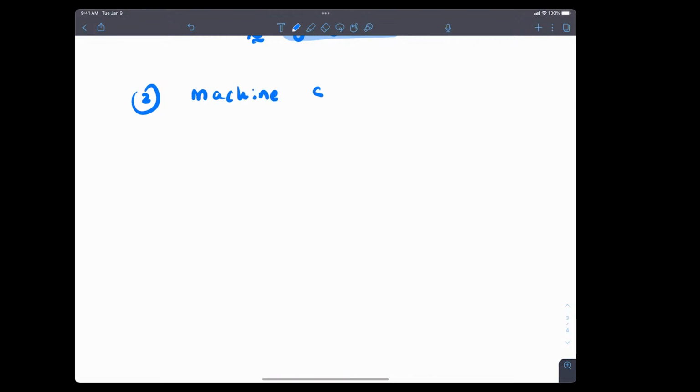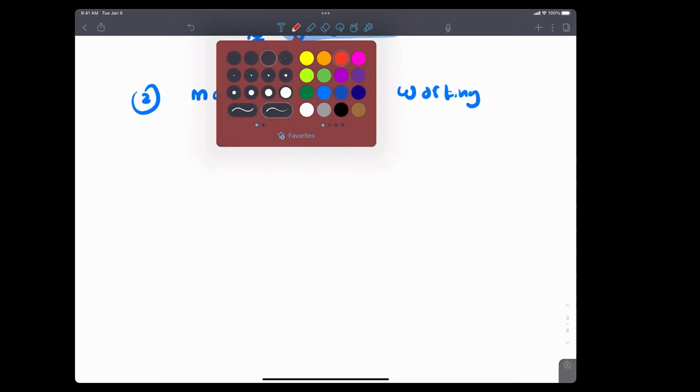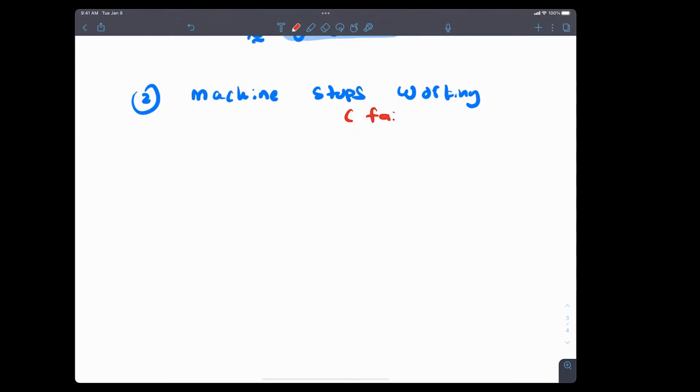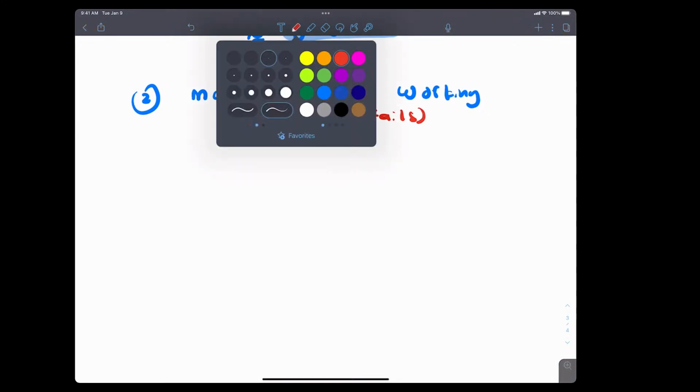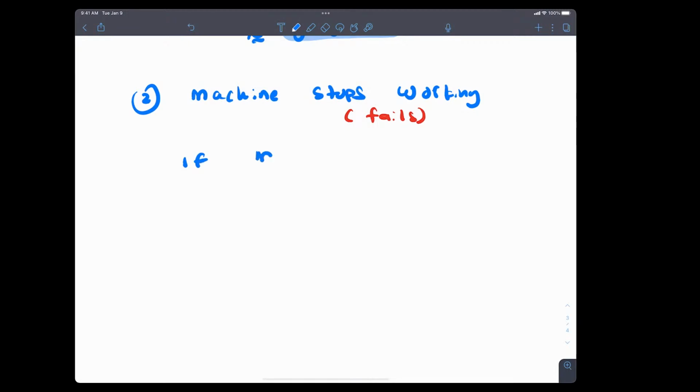The machine stops working. I think of stop working as the machine fails. And when does that happen? If more than 3 components, that's individual components, fail.